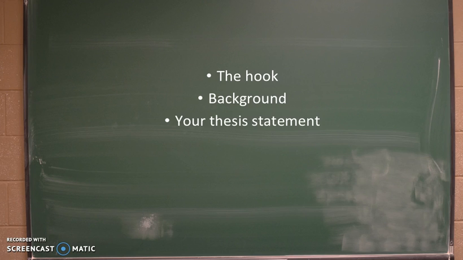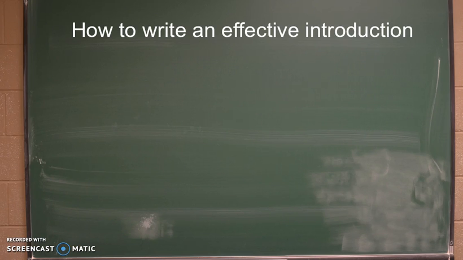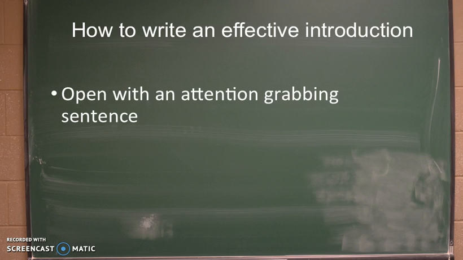Now, there are three main parts to an introduction. There's a hook, there's the background information, and there's your thesis statement. We'll go into what each of these are. In order for your introduction to be effective, you need to begin with an attention-grabbing sentence.